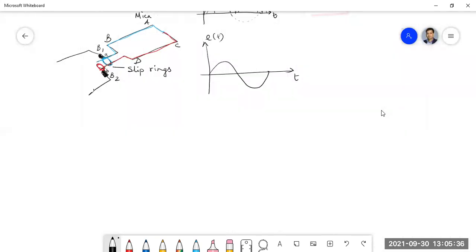We saw that in a DC machine, how many coils does a DC machine generally have? Anyone? Raghav? Raghav Saini.